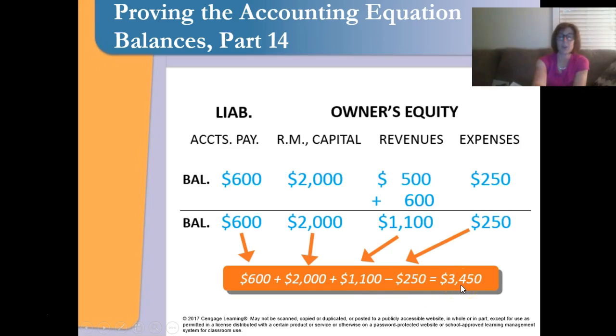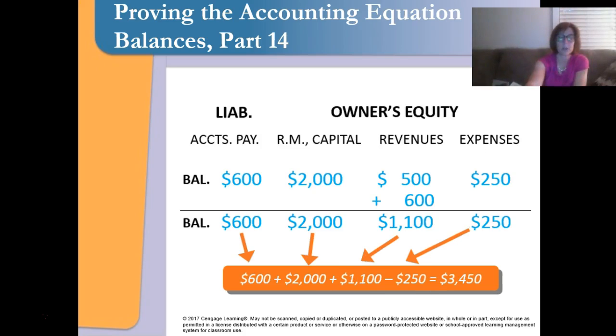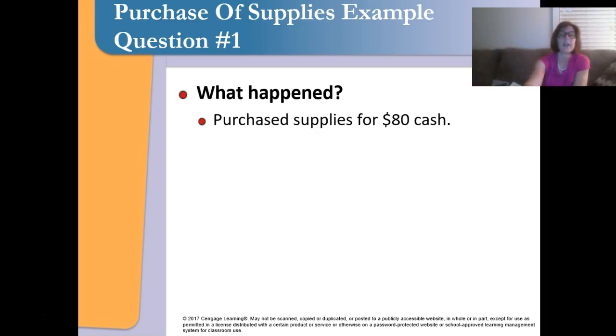And so we have a total of $3,450 on the right side of our accounting equation, which lo and behold equals the left side. So we have proven the accounting equation correct in that our assets continue to equal our liabilities plus our owner's equity.